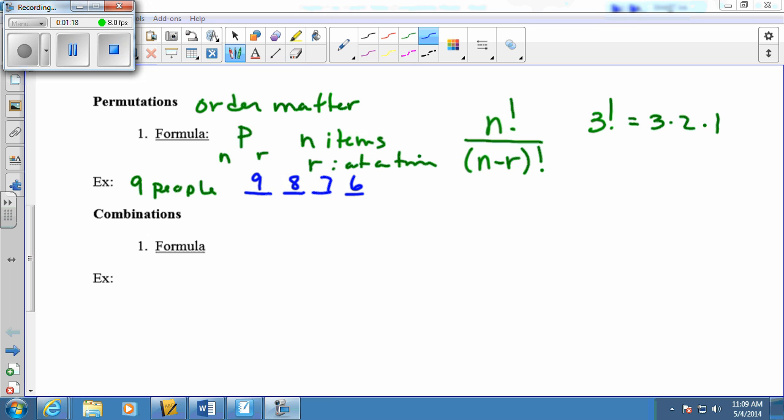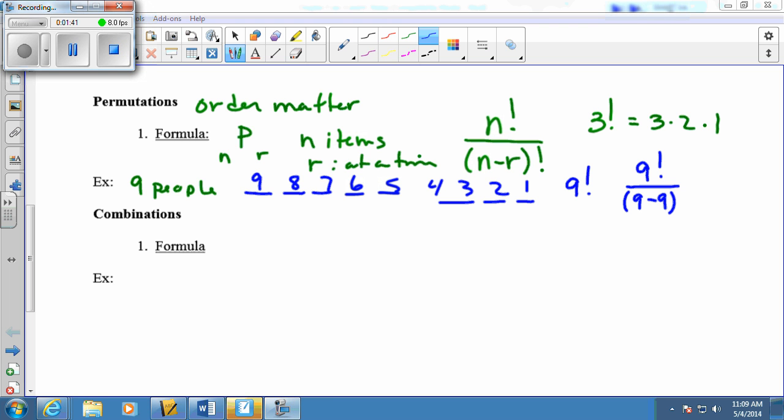Cleanup, there would be 6 different people I could choose. Hopefully you see that this starts looking like factorial, so we could say it is 9 factorial. If I want to use a formula, I have 9 people and I'm using all of them.